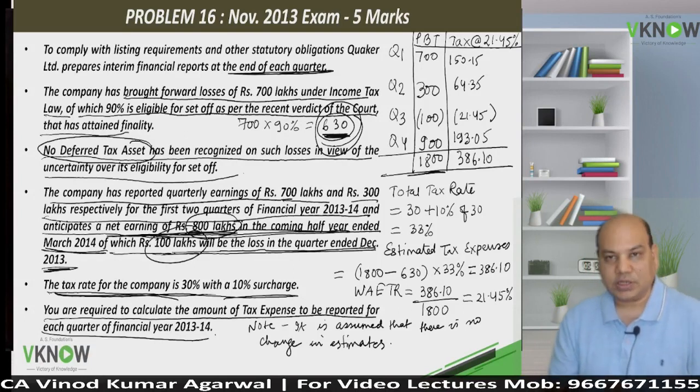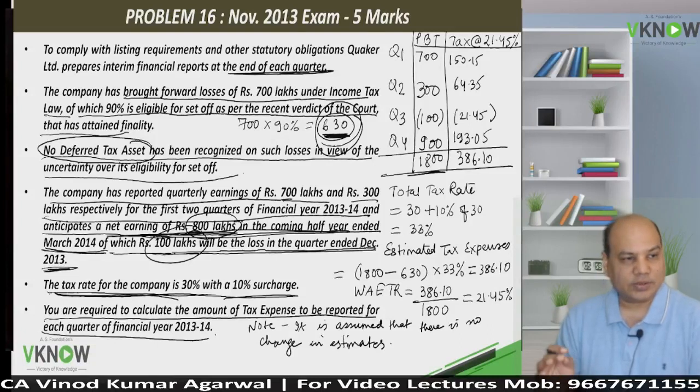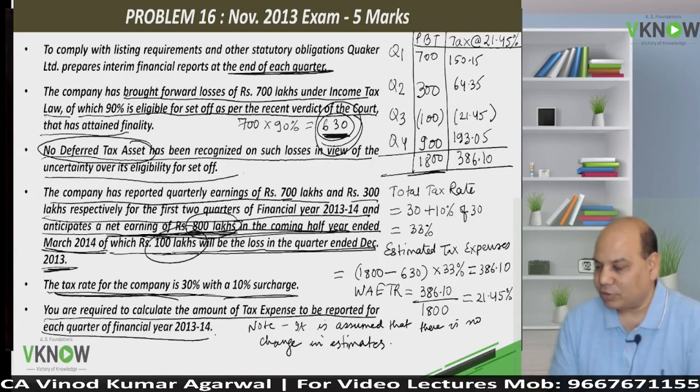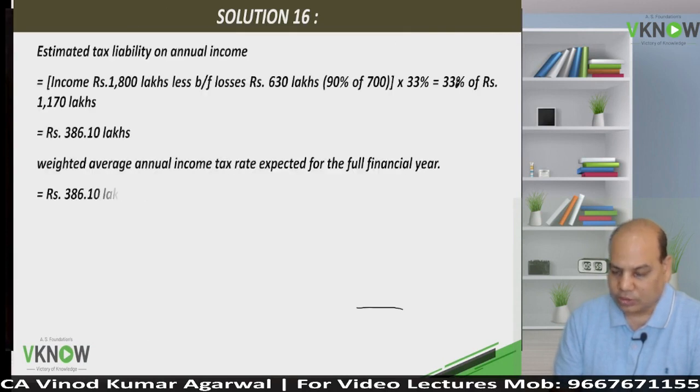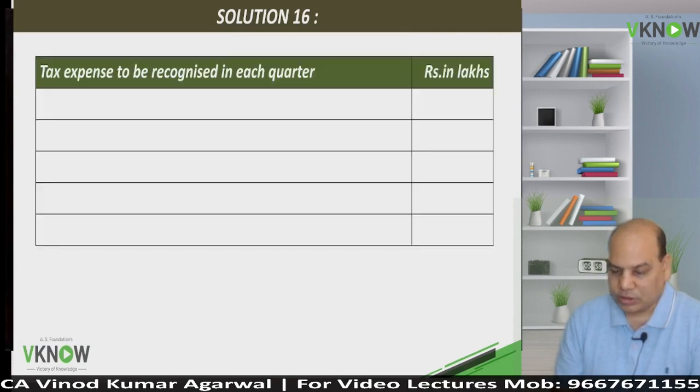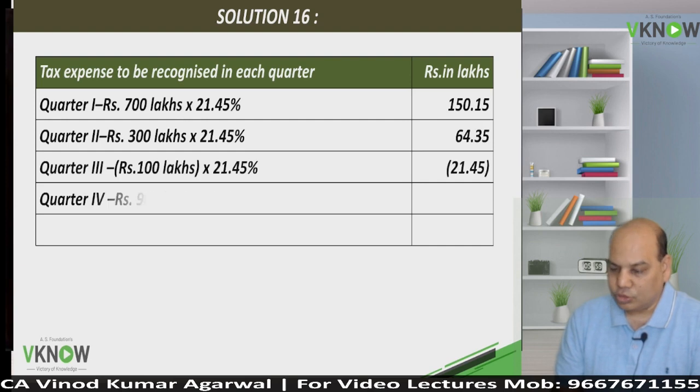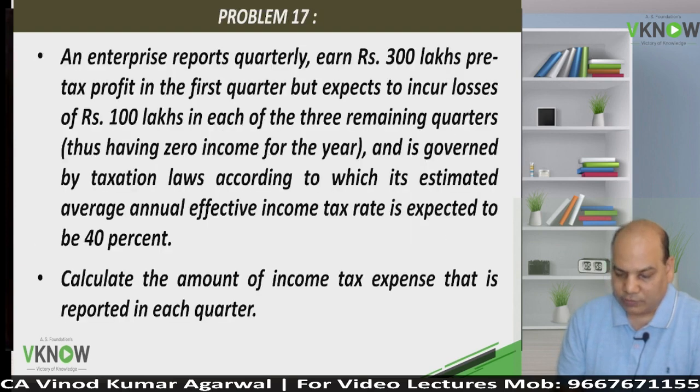So whatever estimates have been made, including income and the deductions, everything will remain the same for the whole year, and this would be your estimated tax expense for each quarter. So you can read the answer on your own. The answer is printed. A good student will solve it today as homework.